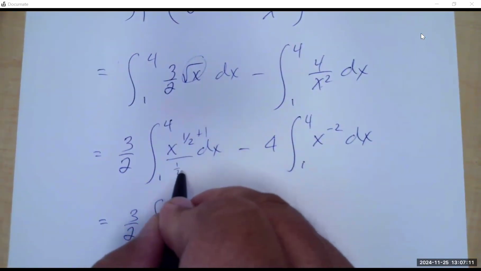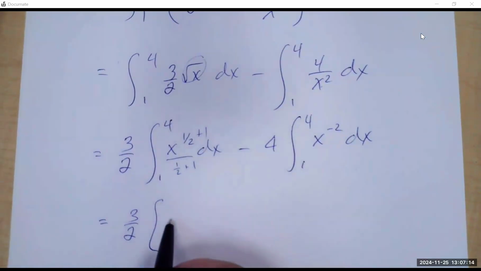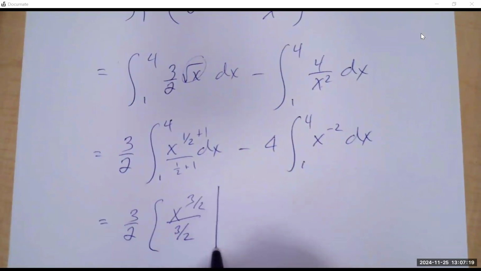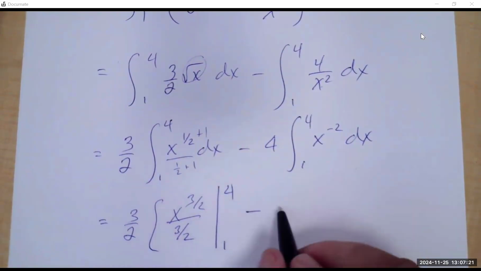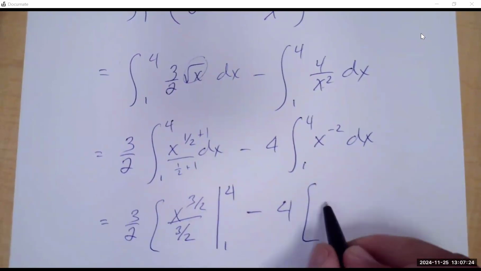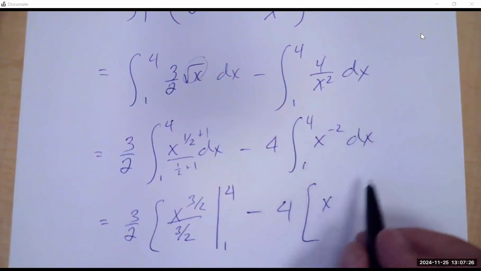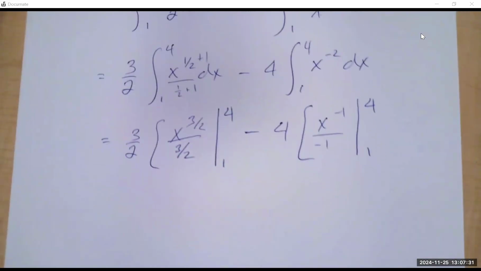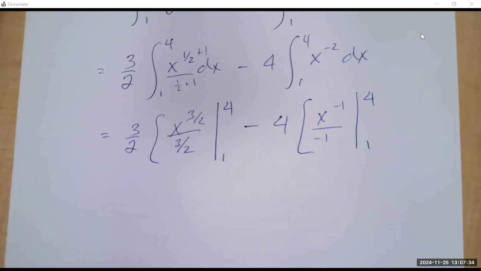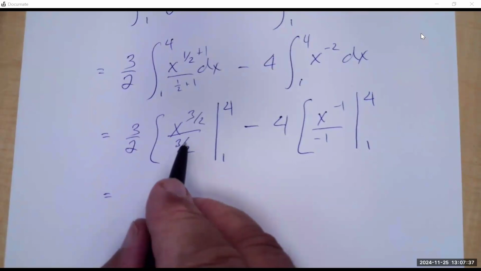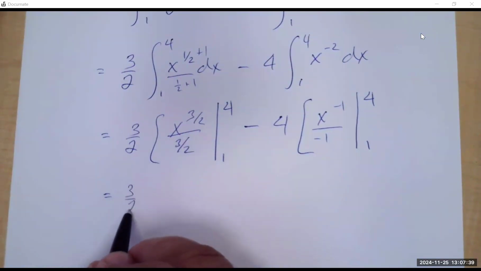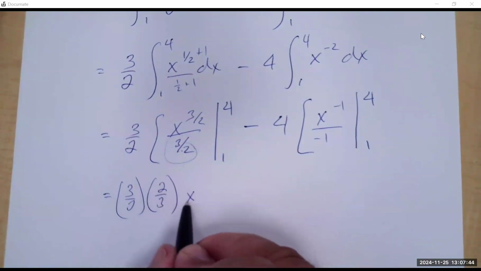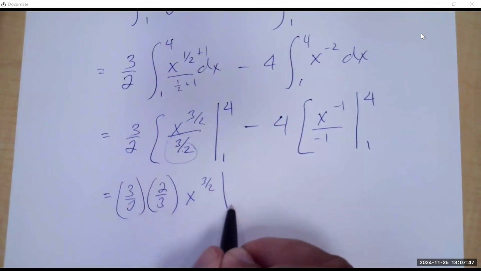Add 1. So it becomes x to the power 3/2 over 3/2 from 1 to 4. For the second term, add 1, so it's x to the -1 over -1 from 1 to 4. We have the coefficient 3/2, take the reciprocal of the bottom, and it becomes 2/3 x to the 3/2 from 1 to 4.